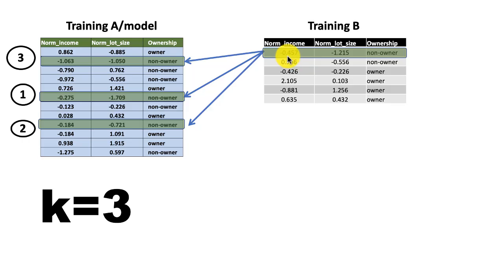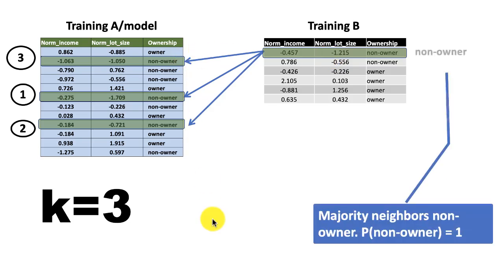Which means that we took this case and we computed the distance to all of these cases, and after that we found that this is the closest, this is the second closest, that's the third closest, simply by virtue of distance, and we know exactly how to calculate the distance. Okay, so how do you classify this case? Well, it turns out that all its three neighbors are non-owners. Okay, which means the majority is non-owners, and therefore we are going to classify this as a non-owner.